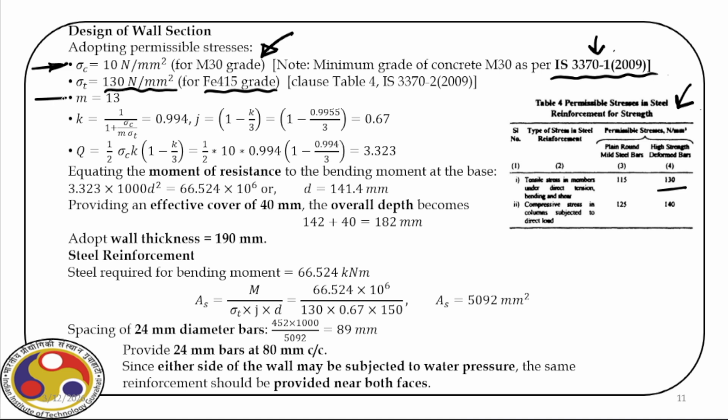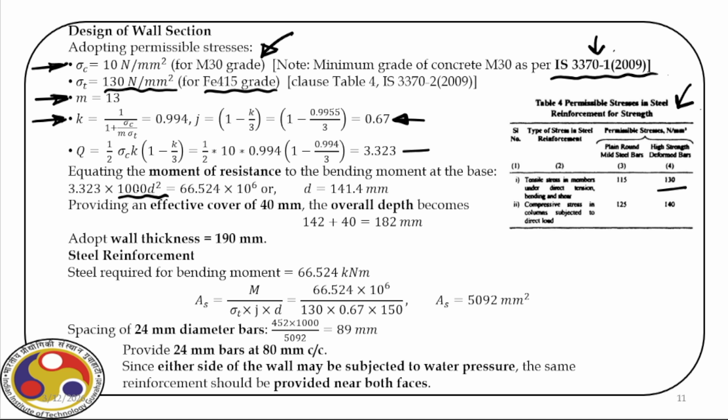Then we can estimate the modular ratio, which is 13 in our case, and small k, which is 0.67. If you recall, we discussed this at the very beginning of our reinforced concrete design course, and Q is 3.323. So the moment of resistance is basically Q times B d square.